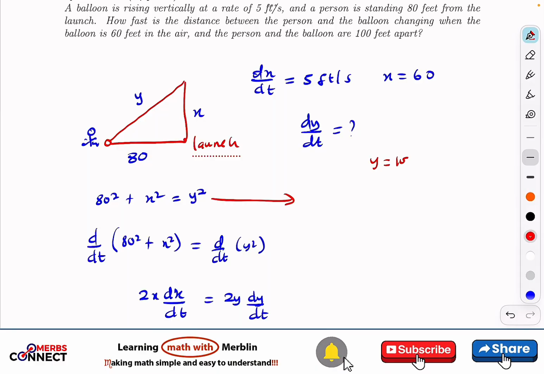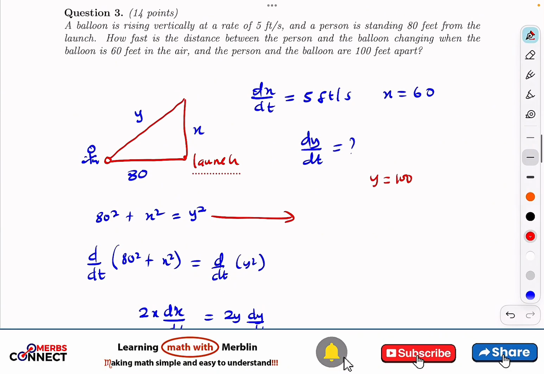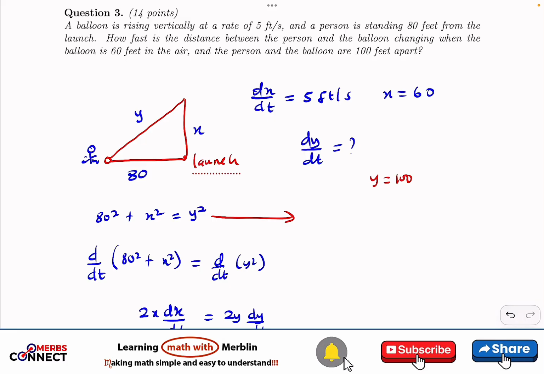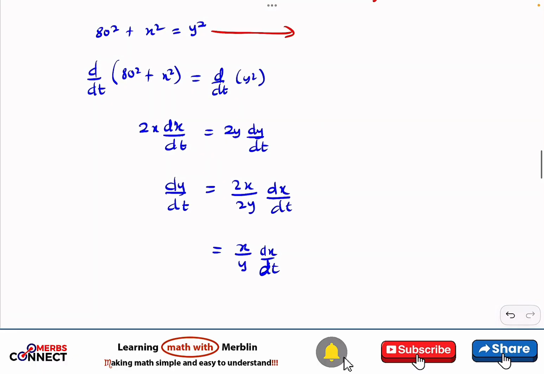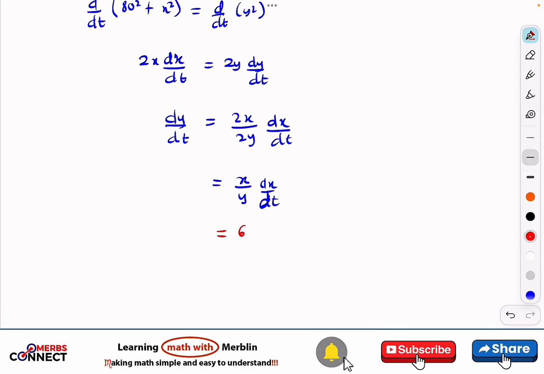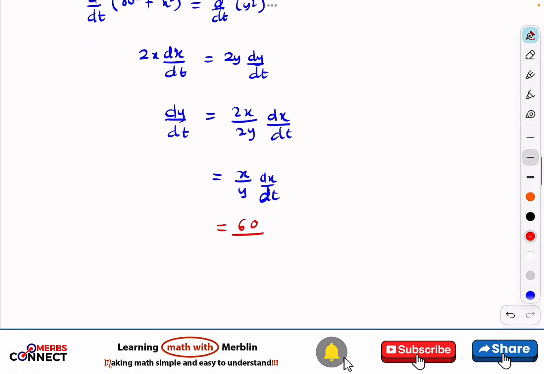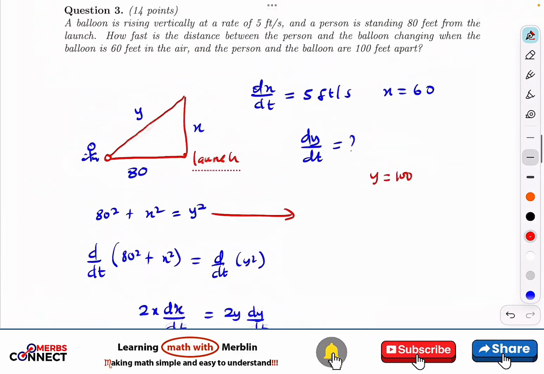So y is equal to 100 already given, because the question is saying how fast is the distance between the person and the balloon changing when the balloon is 60 feet in the air and the person and the balloon are 100 feet apart. So this is 100 feet. We don't need to compute anything from here. So now let's just do substitution and then we are done. So x is 60 and y is 100, and then dx over dt is 5.